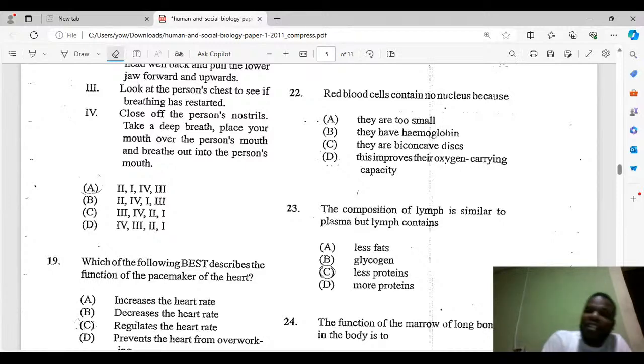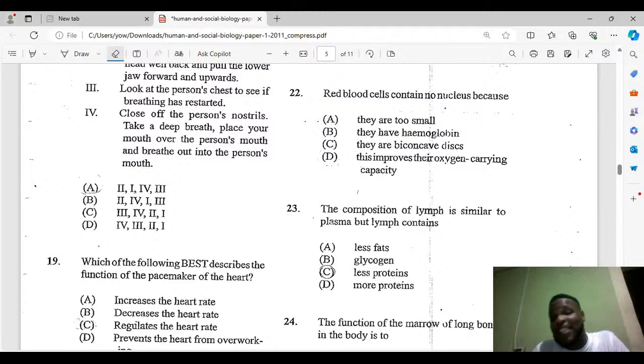This improves its oxygen carrying capacity. Being biconcave has nothing to do with it. A cell could have a nucleus and still be biconcave, right? Having hemoglobin has nothing to do with that. They are too small, even worse. So the answer is D. Do we understand how we get D?